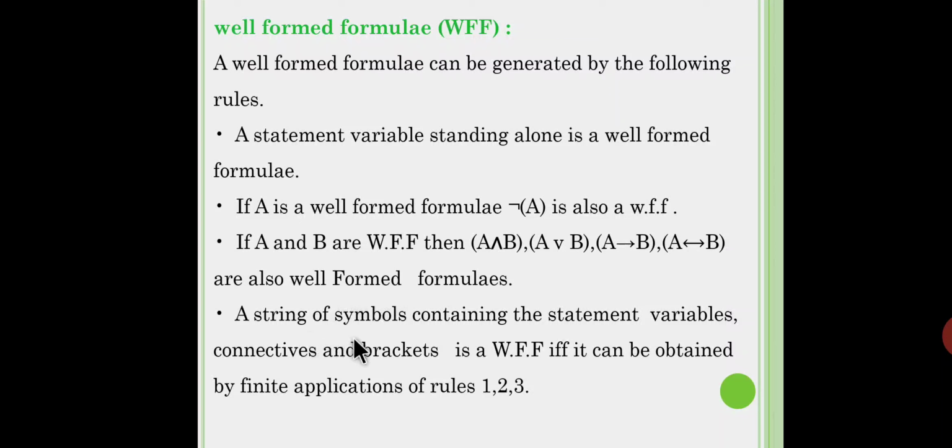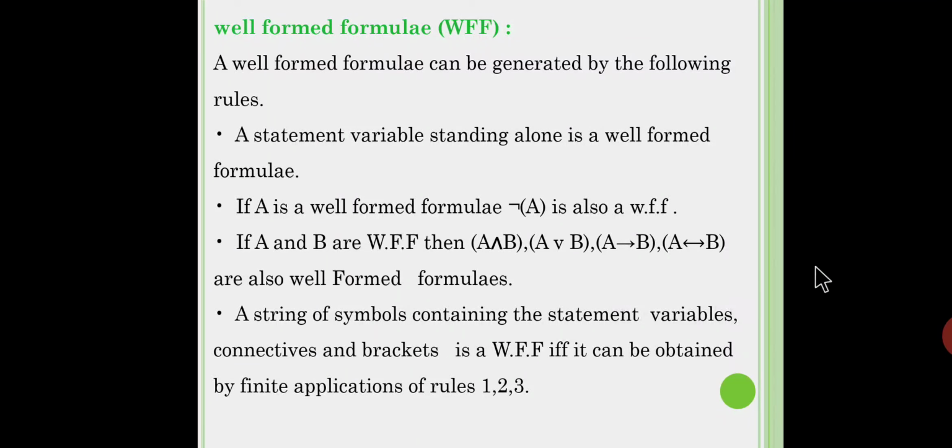So a string of symbols containing the statement variables, connectives and parentheses is a well-formed formula if and only if it can be obtained by finite applications of rules 1, 2, 3.